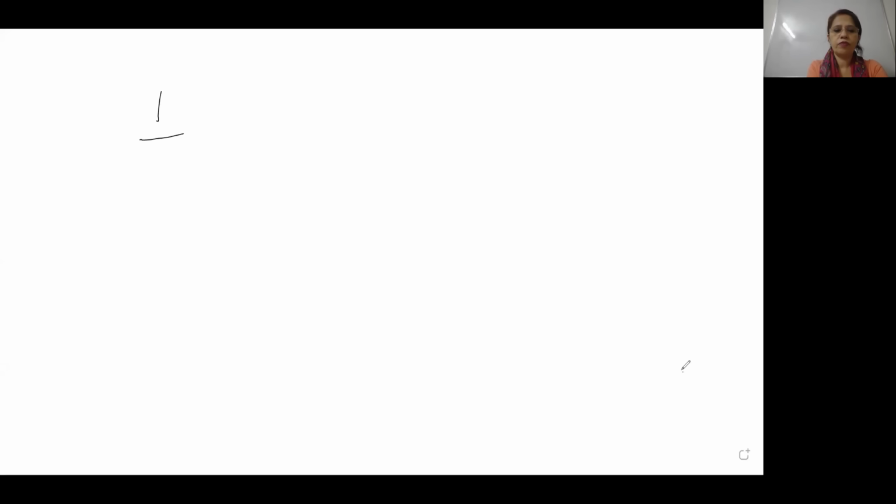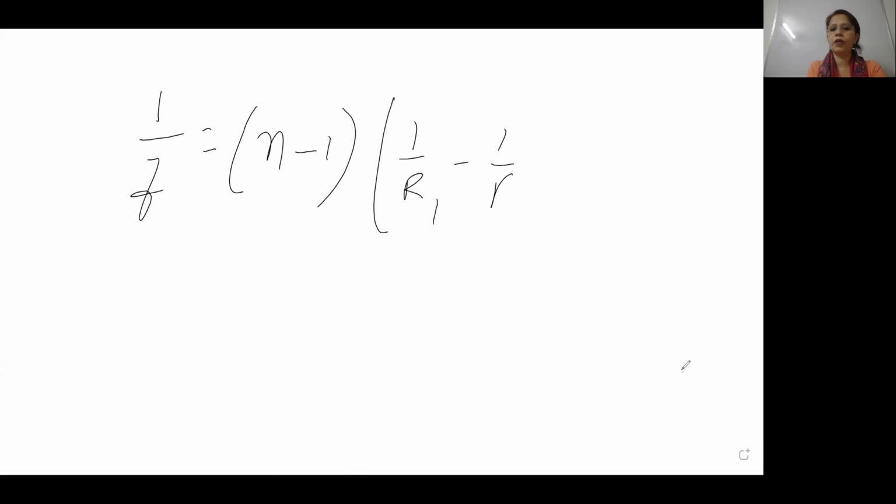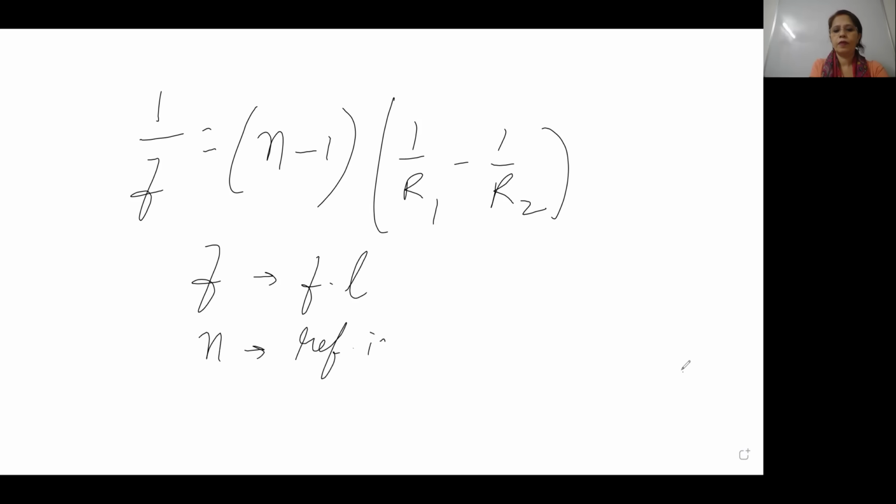One upon f equals to n minus 1 upon R1 minus 1 upon R2. Here f is the focal length, n is the refractive index, R1 and R2, these are the radii of curvature.